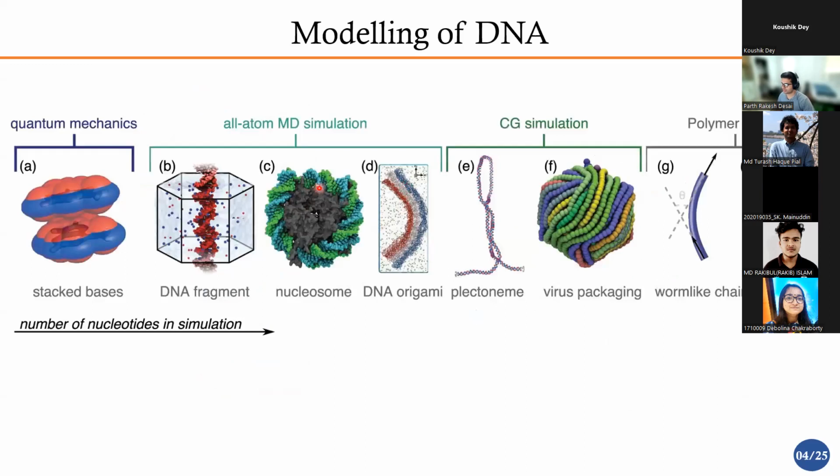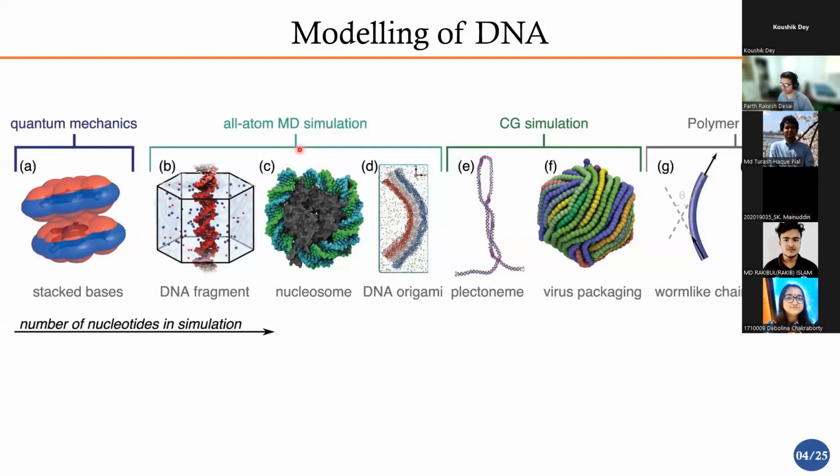So briefly, to simulate DNA, you have a lot of different models available. You can start from the smallest, the quantum scale, where you simulate all the electron waves, maybe 1 or 2 nucleotides, for a femtosecond-long simulation. Going to a longer scale, for phenomena that take a longer time, you have the all-atom simulations, where you individually simulate each atom, but not the electrons.